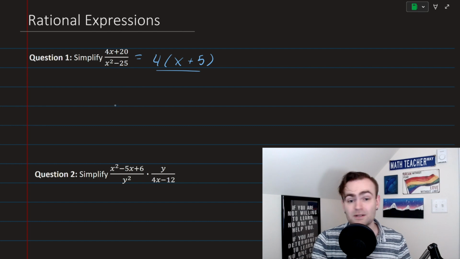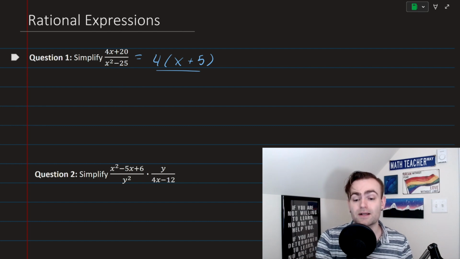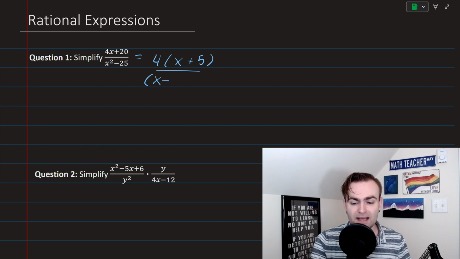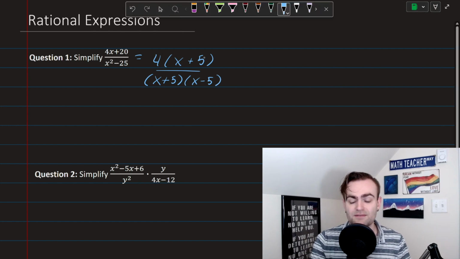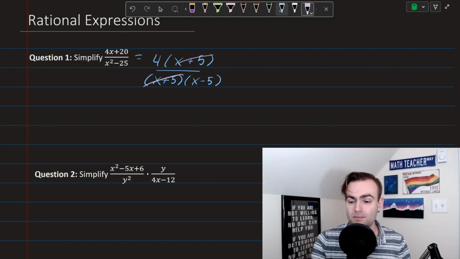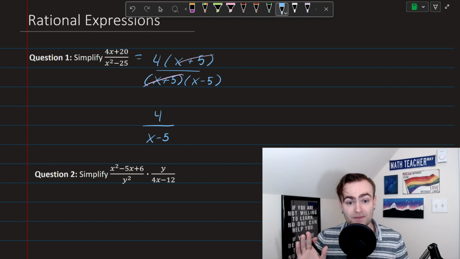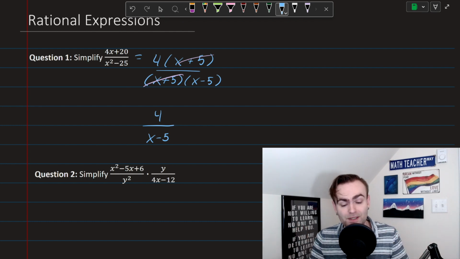And the denominator is the difference of squares. x squared is a square, 25 is a square, so this factors into x plus 5 times x minus 5. Well, look here, they have a common factor of x plus 5 in the numerator and denominator, so we can cancel it out from both, leaving us with 4 over x minus 5. So not too bad. That's the basis of what we're doing.